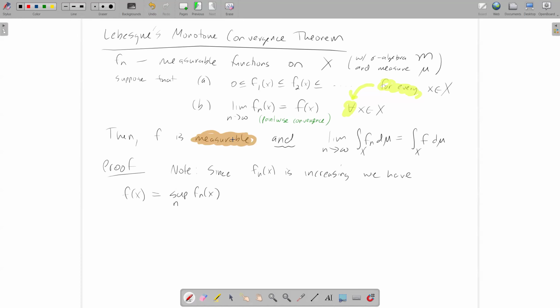If you have a monotone increasing sequence, then the limit is equal to the supremum, which is the least upper bound.